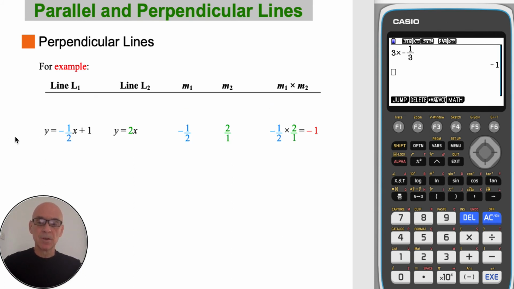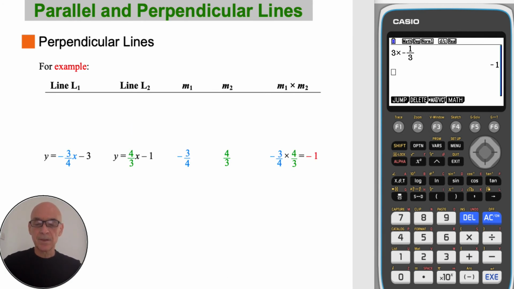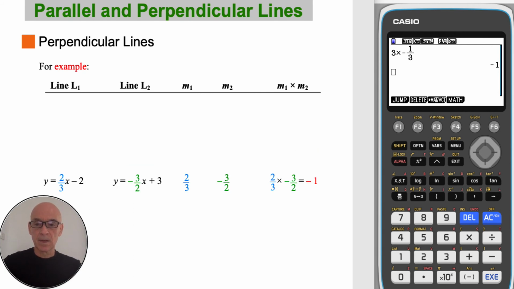The same is true in the next examples: in each, the two lines have gradients that are negative reciprocals, and the product of their gradients is equal to negative 1, so the lines are perpendicular.